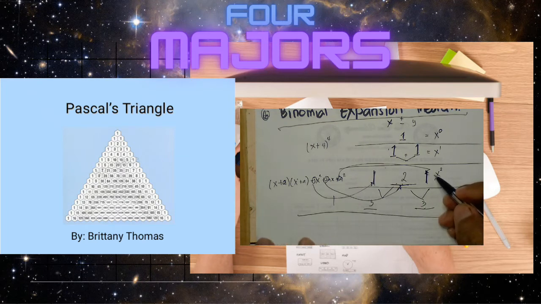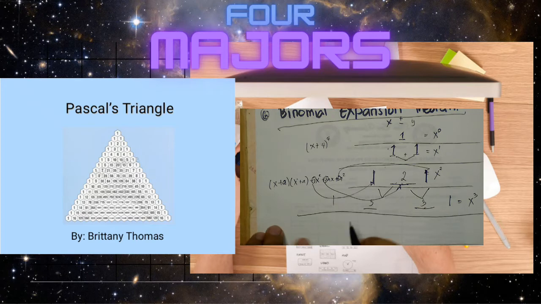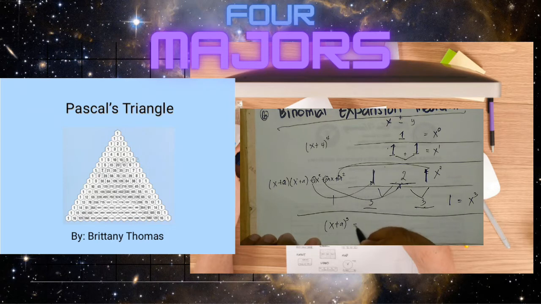And we see, when we do the special products, that x plus a raised to the power of 3 is x to the power of 3 plus 3ax plus 3a squared x plus a to the power of 3.